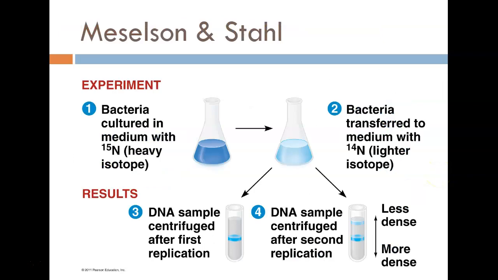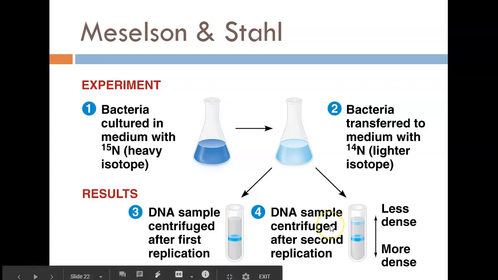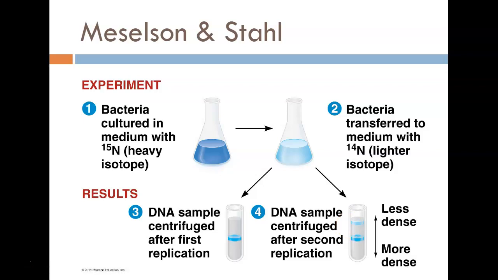Meselson and Stahl are the main people that came up with this idea. So they labeled bacteria with various things. They labeled them with a heavy isotope and a light isotope, and they basically wanted to see what would happen after they replicated and what was incorporated or not.